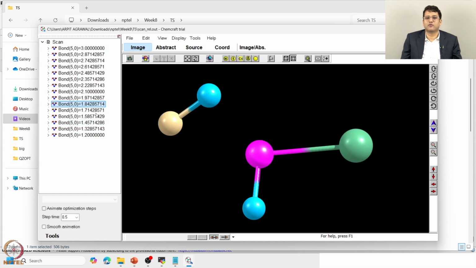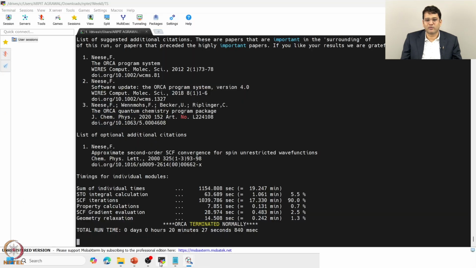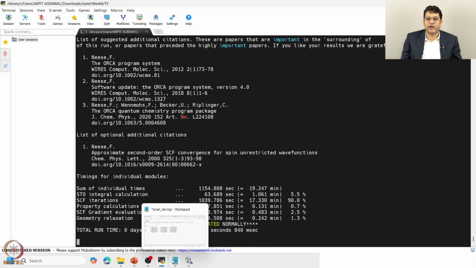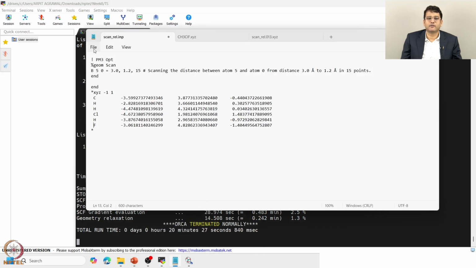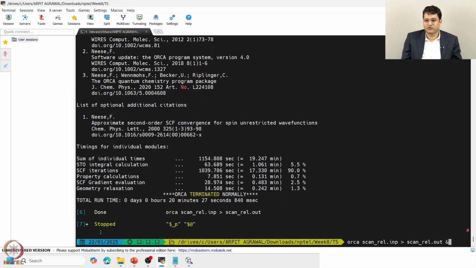I was getting this one as a transition state, but this is not actually the transition state we are looking for. So, this will give me something wrong. So, you have to always use your chemical intuition. So, now I have changed my input file. So, I have to run this job again. Hopefully, this time the convergence will be slightly faster.